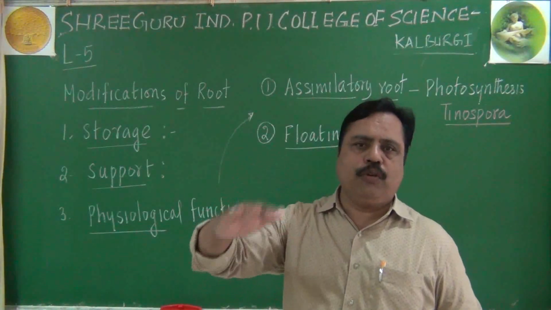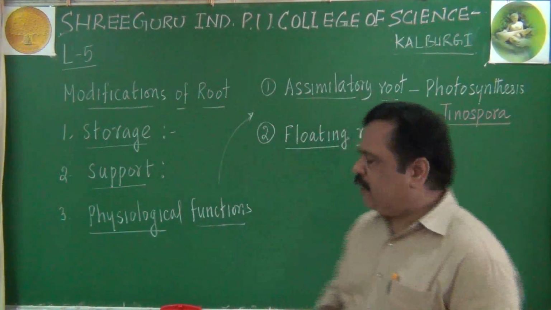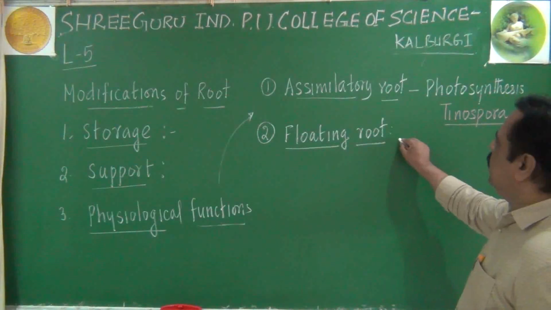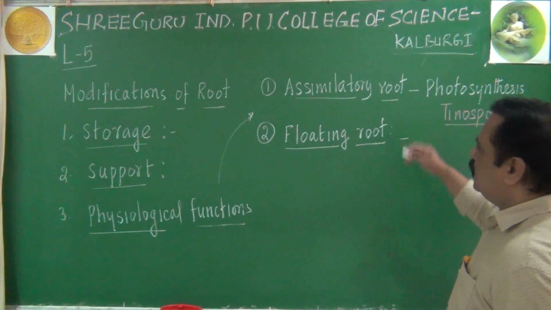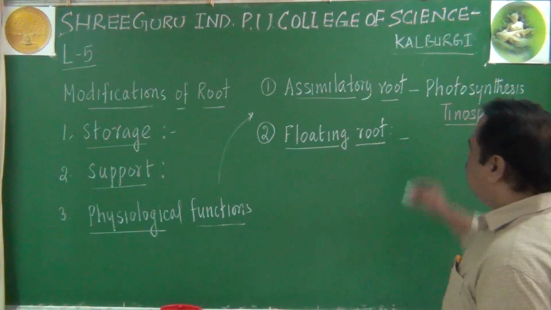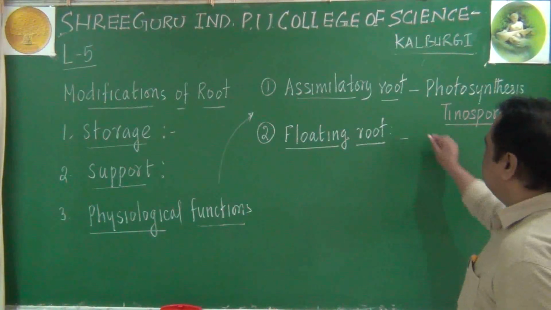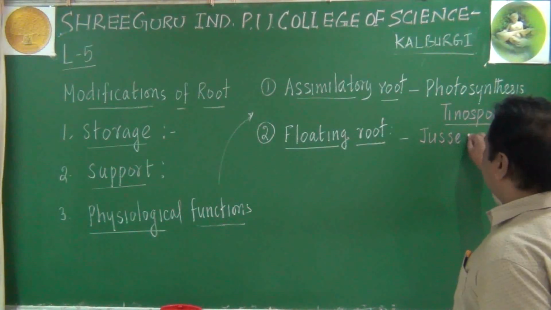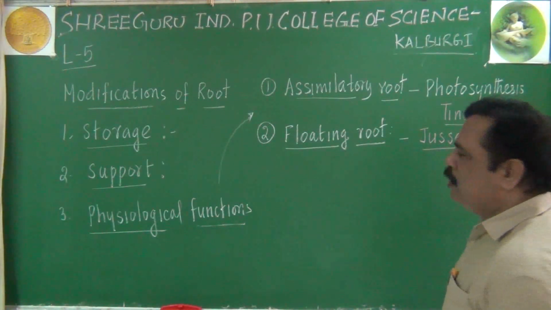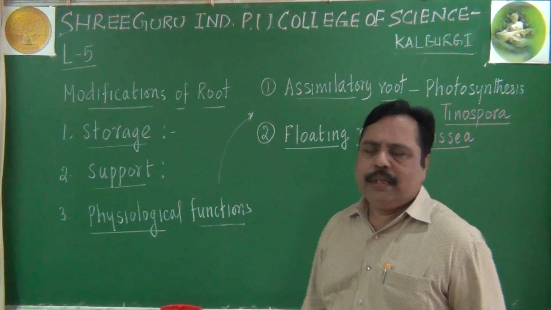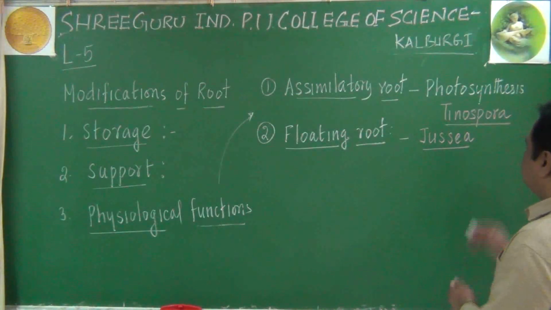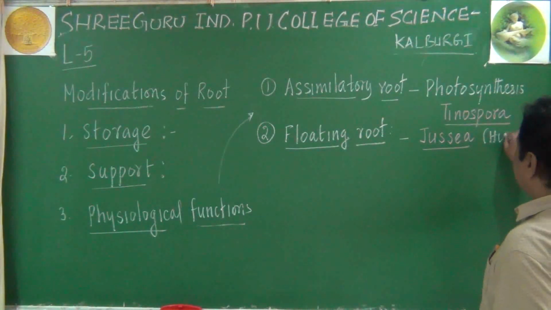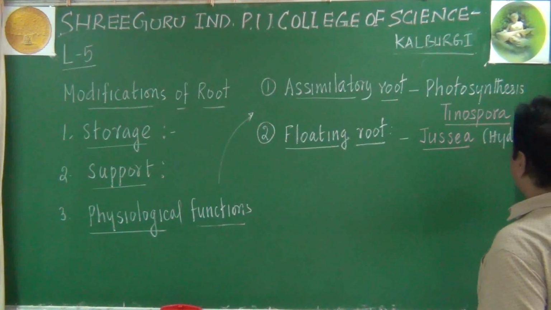They are able to float in the water. Such floating roots help with floating in the water, and the example for that is Jussiaea. There is an aquatic plant called Jussiaea, a hydrophyte. This hydrophyte has floating root, remember.